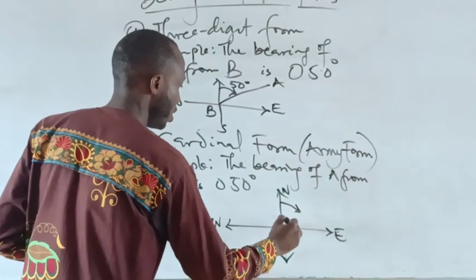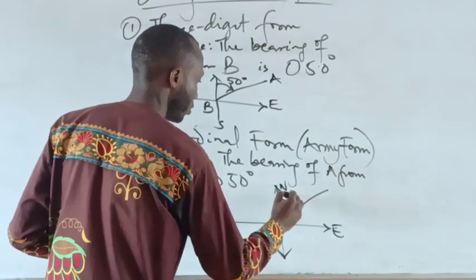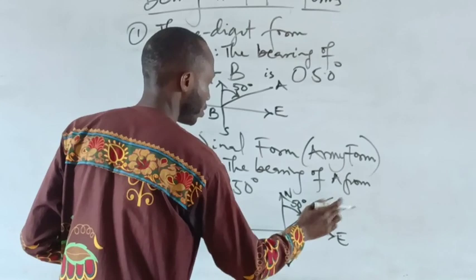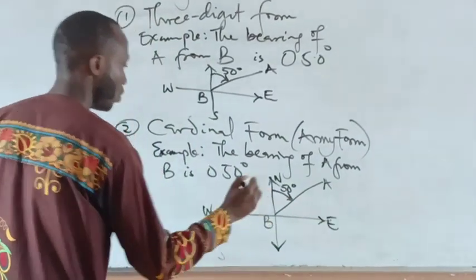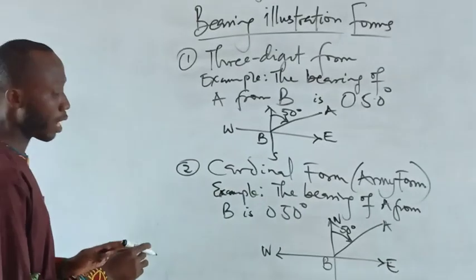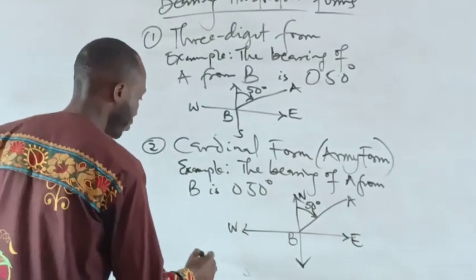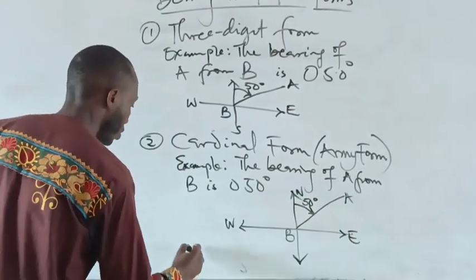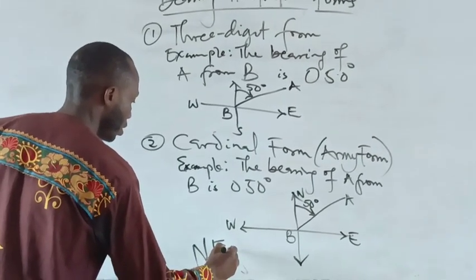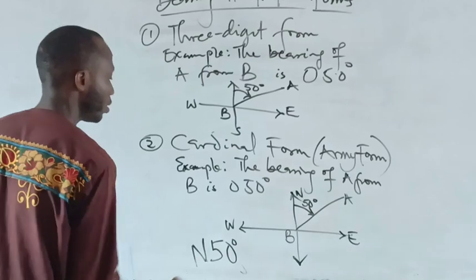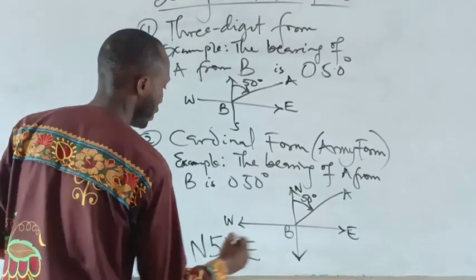So 50 degrees. This is A and this is B. Okay? So how do I write it now? How do we write it? You say north 50 degrees east.